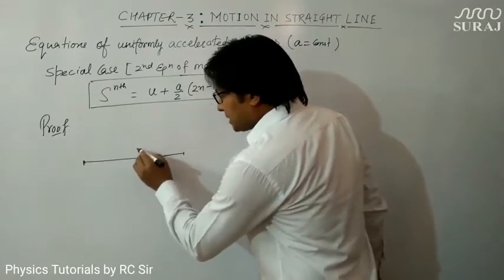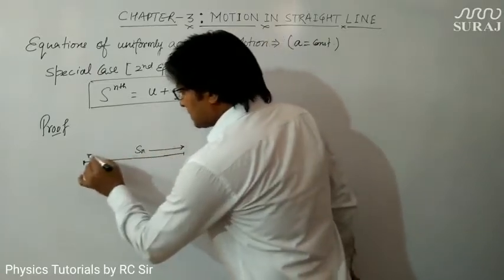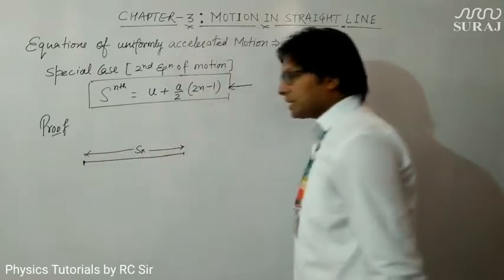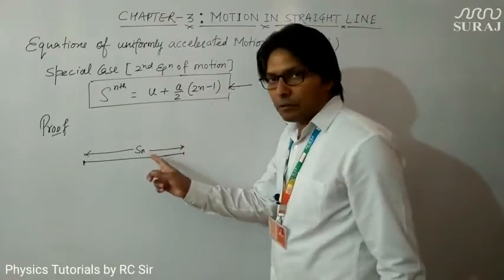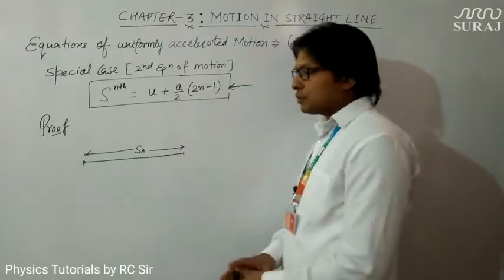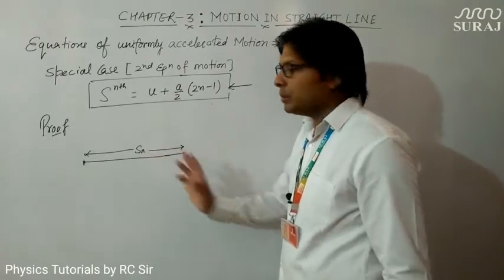I can represent this distance as Sn. Suppose this is the distance traveled by the object in n seconds, which can be easily found using the second equation of motion by simply putting the value of t equal to n.